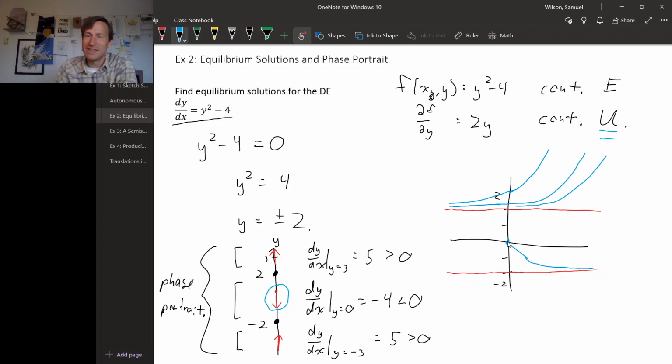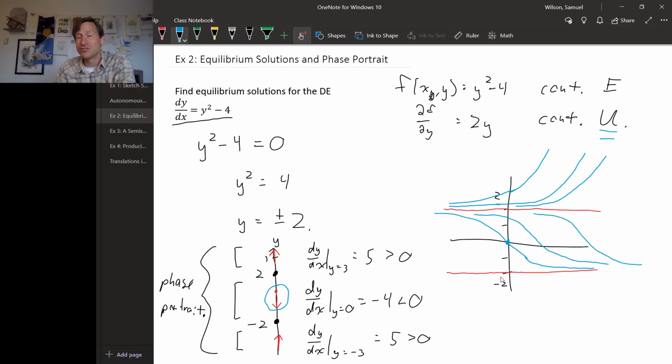And of course, when we run things to the left, it all happens in reverse. We increase and have to level off so that we don't cross the equilibrium solution at +2. If you start at other points between -2 and 2, the same general thing happens, like this.